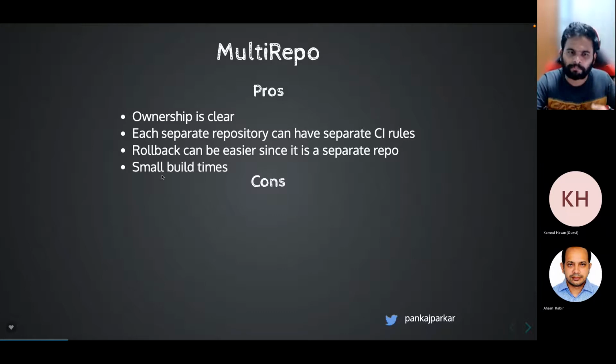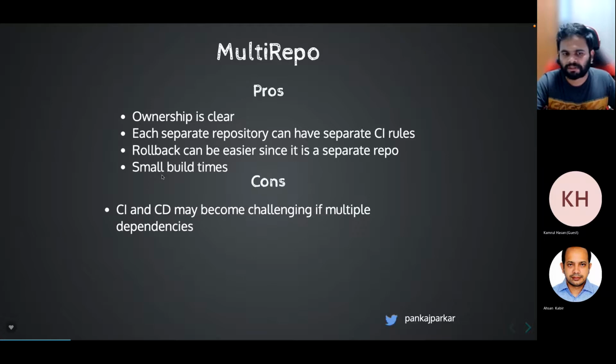Let's look at the cons. CI/CD may become challenging in case multiple dependencies are there. What I mean by that is, suppose your application is dependent on many third-party or internal libraries or internal tools. It becomes hard to maintain which version to use with your current framework or tool.